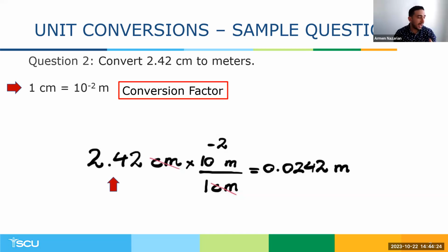That fraction houses the 10 to negative 2 meters on top and 1 centimeter in the bottom. Again, this is your conversion factor fashioned into a fraction. The reason centimeter is placed in the bottom is so centimeters can cancel out, and meters would remain. So after doing the math, you get the new value, the intended value, with the desired unit.